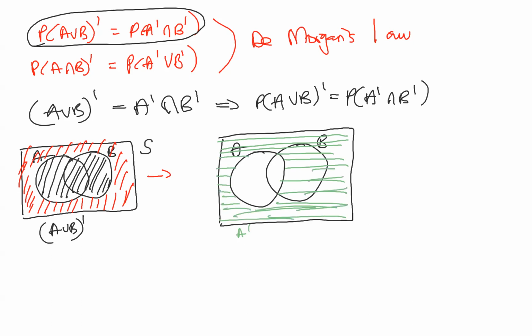And then now let's shade B complement. B complement. Everything outside B is B complement, okay? Everything outside B, but within the sample space, is B complement. So I have A complement, I have B complement. What is A complement intersection B complement?